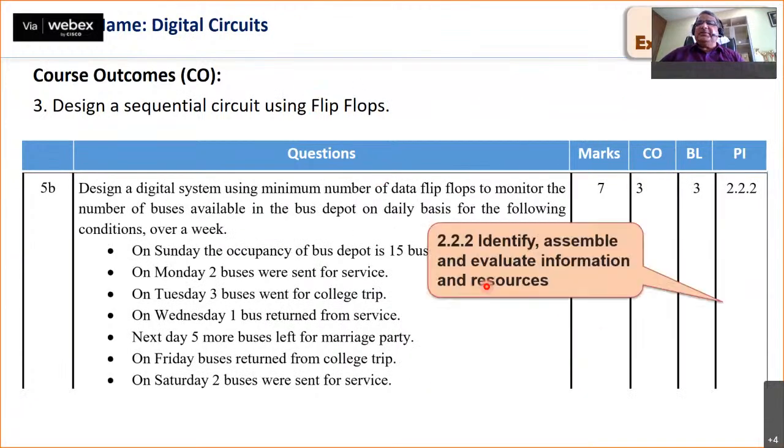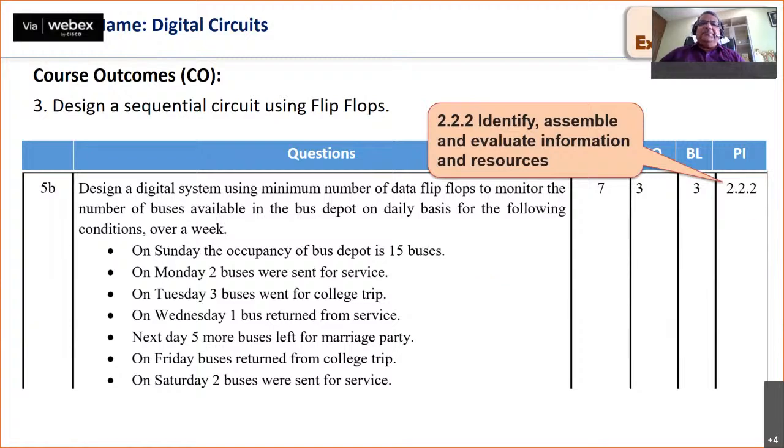Digital circuits, another important subject about flip-flops, CO, and these are also flip-flops. So even if you simply search for the AICTE exam reform policy document in Google, you will get it. Or go to the AICTE website, and you can get it easily.